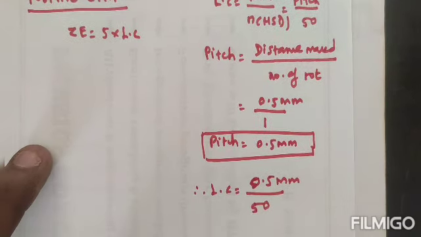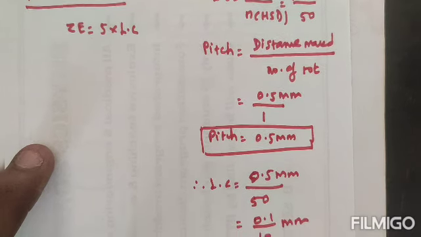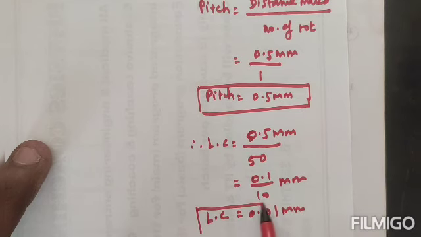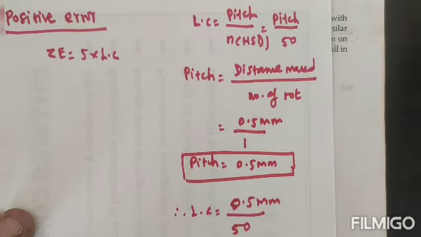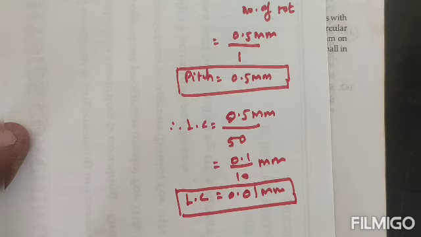So 0.5 divided by 50, we can write as 0.1 divided by 10 millimeter, which is 0.01 millimeter. So this is the least count of the given screw gauge. So by using the first diagram, first we want to find the least count.